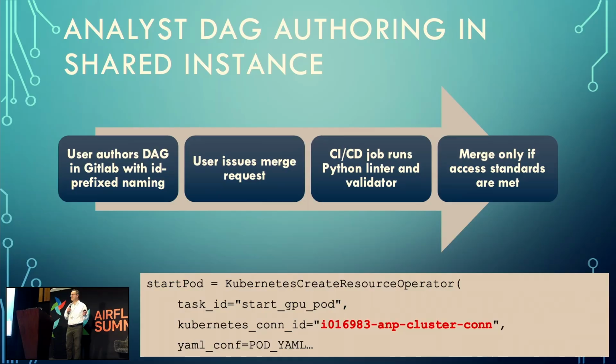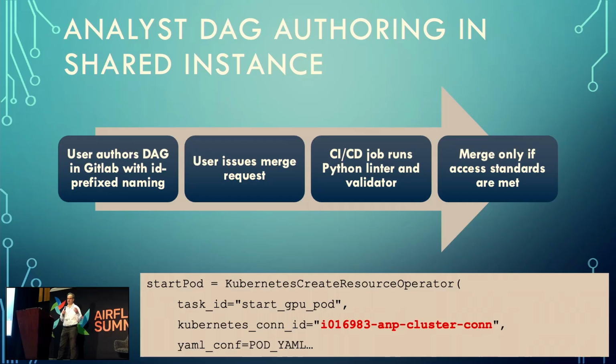And then when a user wants to merge, they issue a merge request, and we have a custom CI/CD Python linter and validator go through their DAG and try to determine if they're using any sensitive resources. If they are, we make sure that they have prefixed that resource by their user ID.